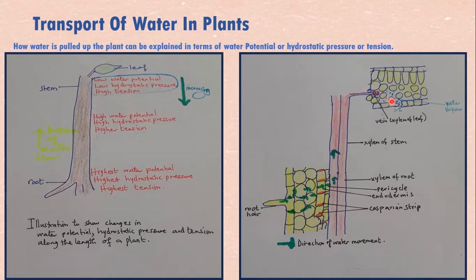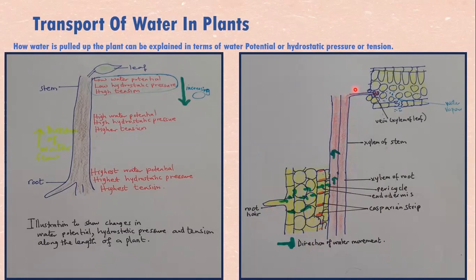So we come to look here. Water is pulled up the plant down a water potential gradient from the roots up the plant. One can also talk about hydrostatic pressure and say that water moves from the high hydrostatic pressure in the roots to the regions of low hydrostatic pressure in the leaves, and the water is pulled up because of the pressure differences.